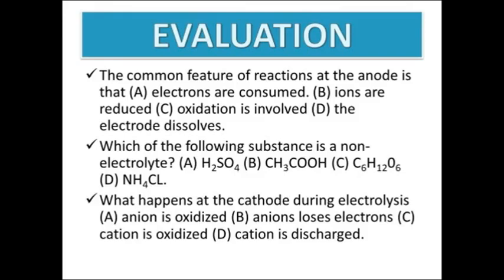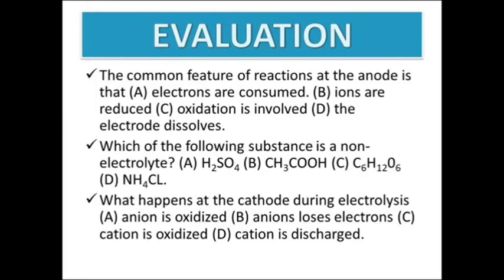So it produces free mobile ions, therefore it can conduct electricity. It's an electrolyte. Then the second one is ethanoic acid. When this one hydrolyzes or ionizes, it produces these 2 ions, the ethanoate ion and the hydrogen ion. So it conducts electricity.